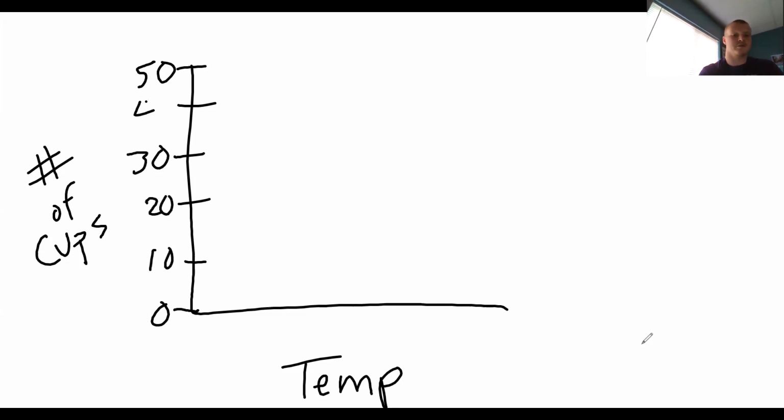Okay. Then for temperature, what's our highest temperature? It looks like it goes up to 75. So I'm going to start at 0, and then end at 75 degrees Fahrenheit.